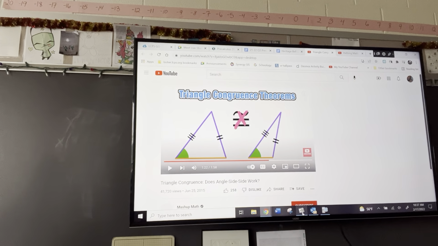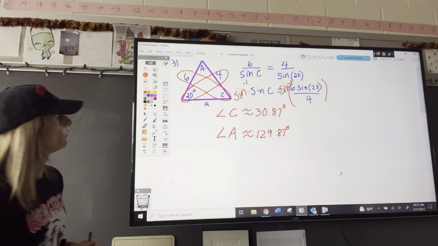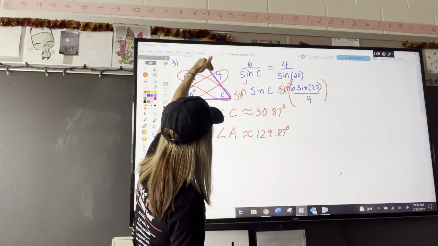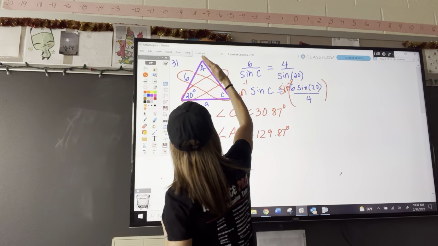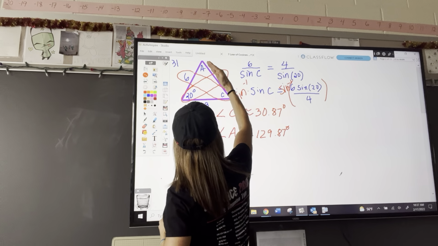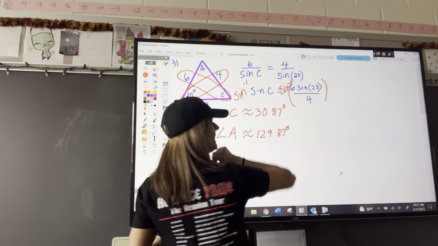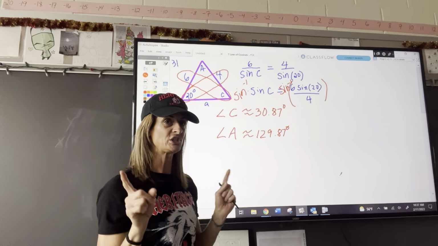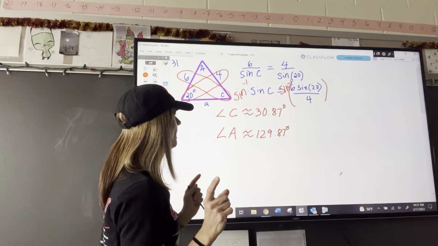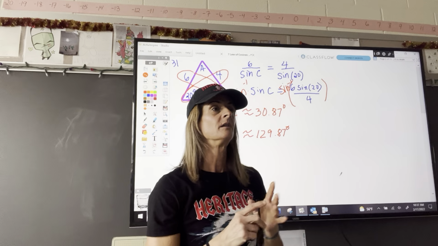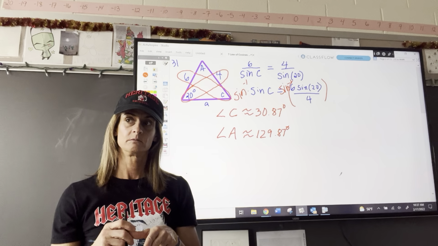We're in pre-calculus, and so here's the angle, here's the side, and here's the side. This side, this 4, could swing over and it could be here. It's possible, so because of that, we have to check the supplement of angle C and see if that works to form a triangle as well.